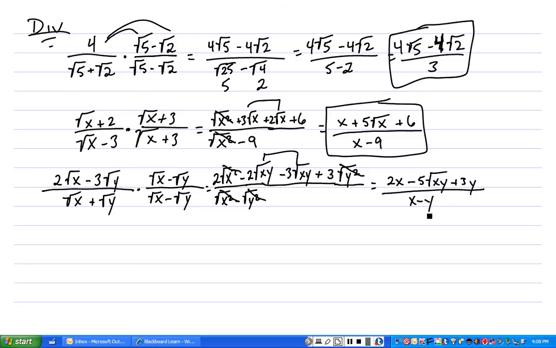And that wraps up division, which what we would technically call this is referred to as rationalizing binomial denominators.